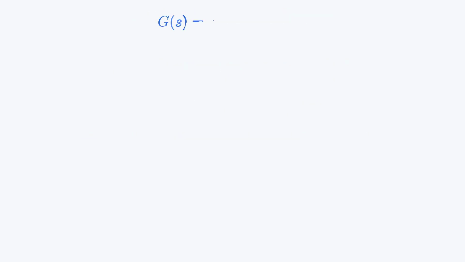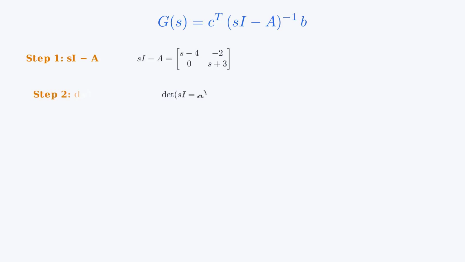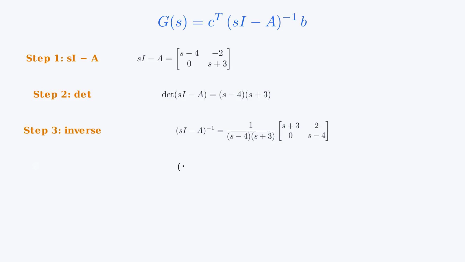First, compute sI minus A. sI is s times the identity matrix, which has s on the diagonal and 0 elsewhere. Subtracting A, we get a matrix with s minus 4 in the top left, -2 in the top right, 0 in the bottom left, and s plus 3 in the bottom right. Next, compute the determinant.